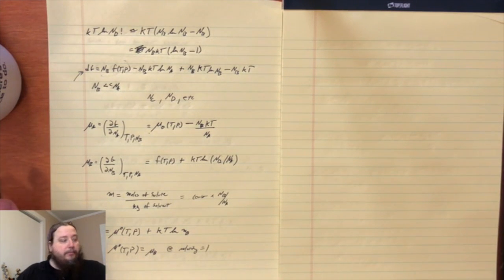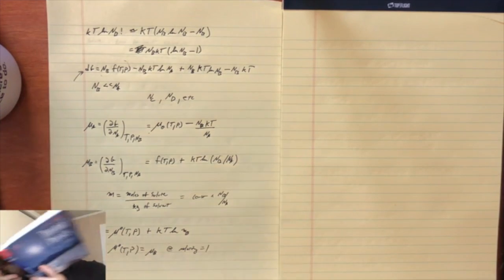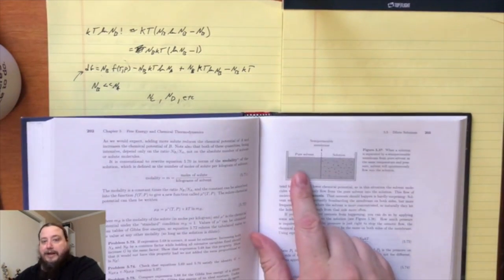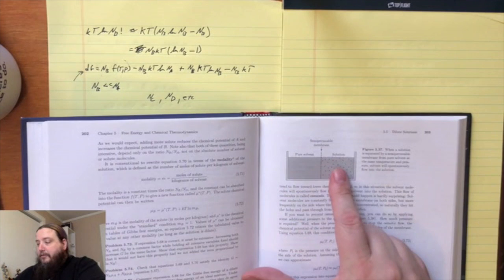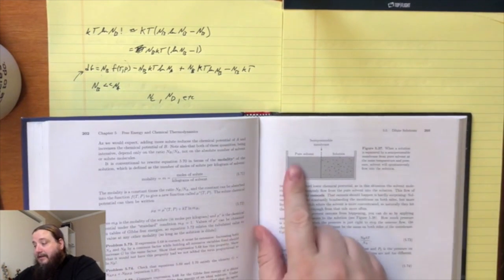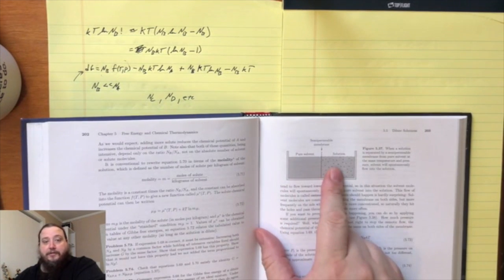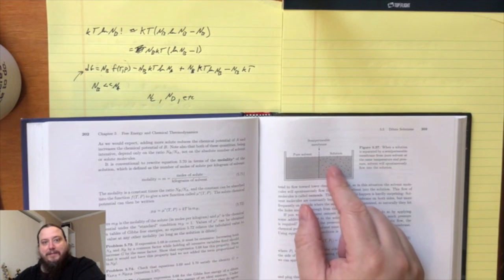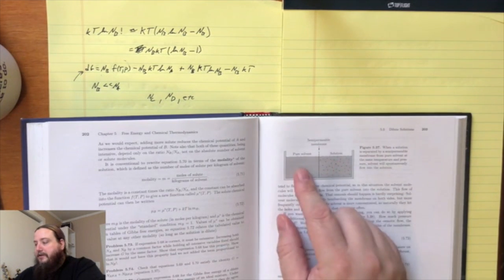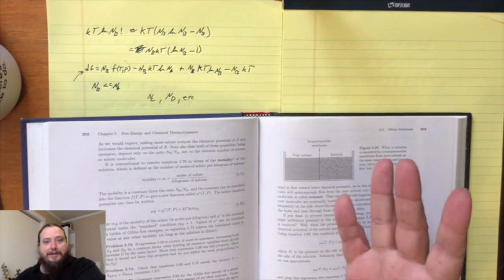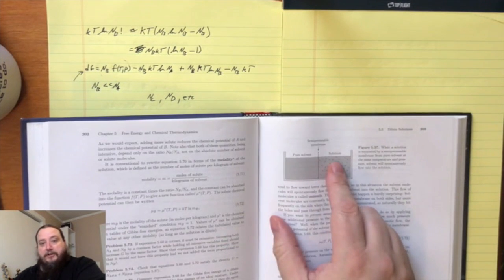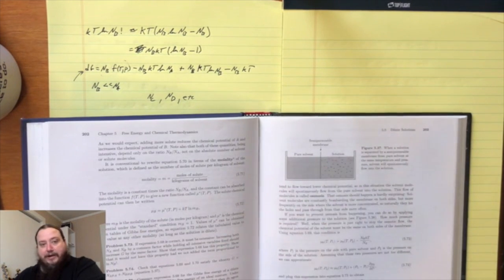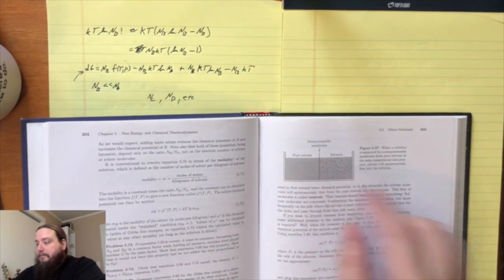In other words, the pressure here in the pure solvent would have to be less than the pressure in solution. And indeed, the solvent would flow across that boundary, and as it does so, it's going to leave more solvent over here than it did over there, and so you might even expect that the pressure would increase on this side if you had a constant volume, for instance.